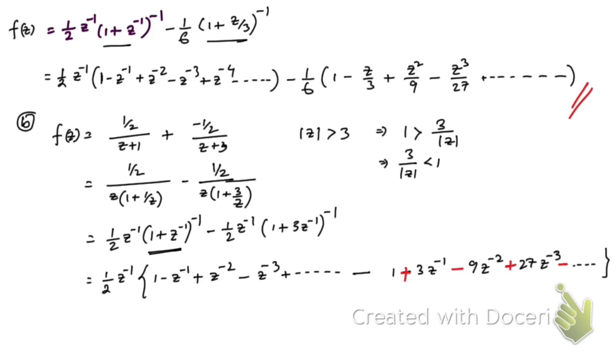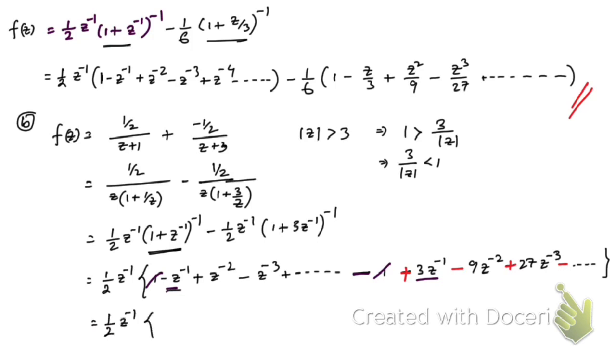Now this minus 1 and this plus 1 cancel. So this is minus 1, let me write this one here. So this one and this one are gone. And the sum of these two, 1 by 2 z to the power minus 1.